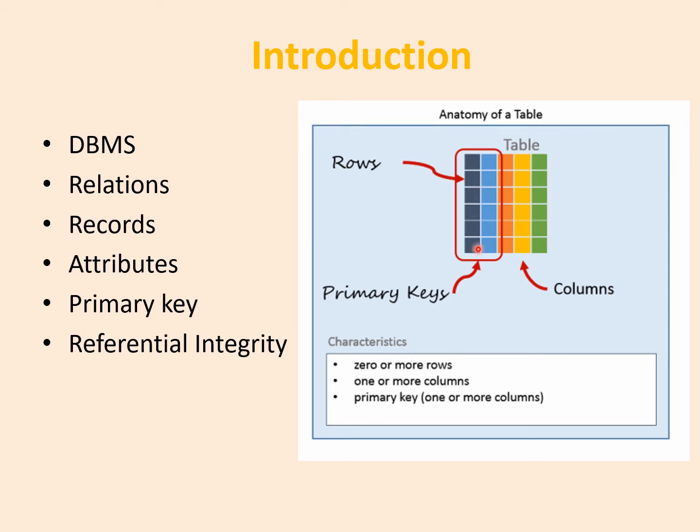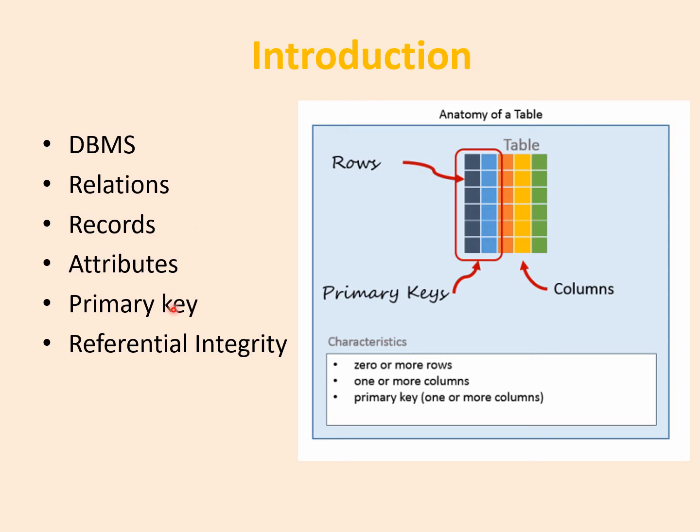Each column of the table specifies an attribute of the table. So columns are attributes or fields of the table. These are the properties of the table, and each row is treated as an example or sample data for the table, and it can be termed as a record.